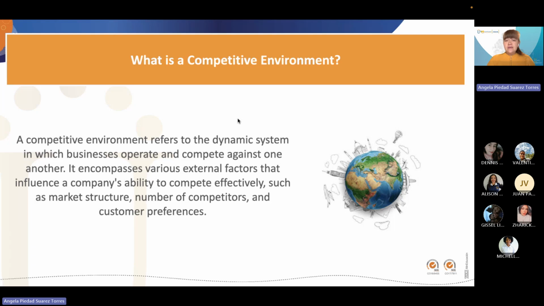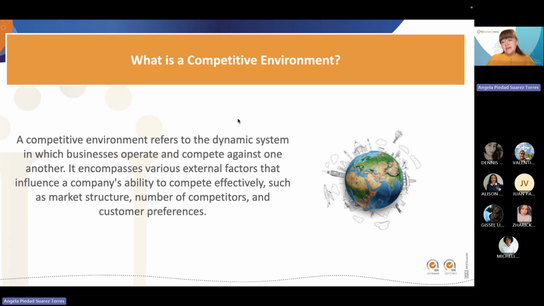So there are many elements in this competitive environment that we always need to be aware of, and that we have to adapt to, understand, and consider if we want to be part of that market and compete in it. It's not just about the consumer, but also the structure that the market has.